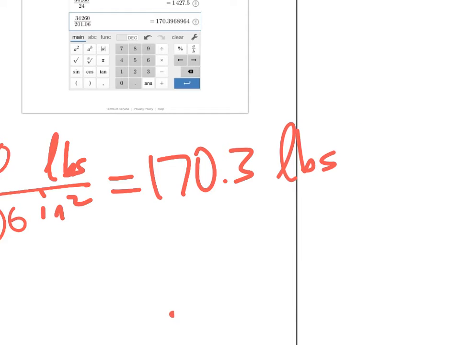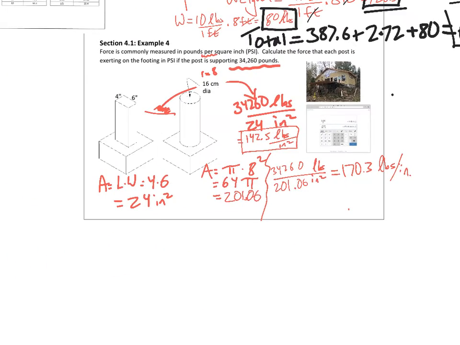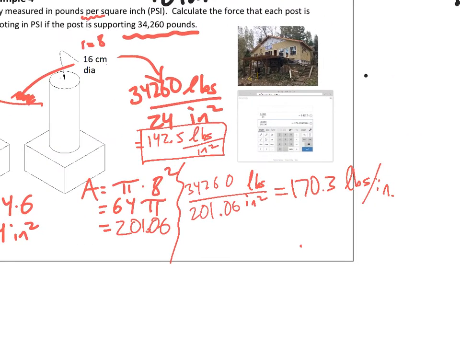Okay, so the big house is sitting down on these two pylons, and one of them is holding 170 pounds per square inch. Whoops, per square centimeter actually here. Right, so this is 170.3 pounds per square centimeter.